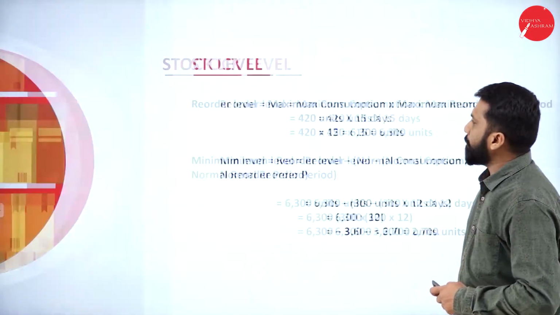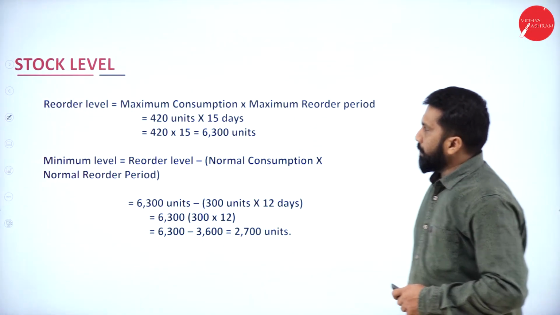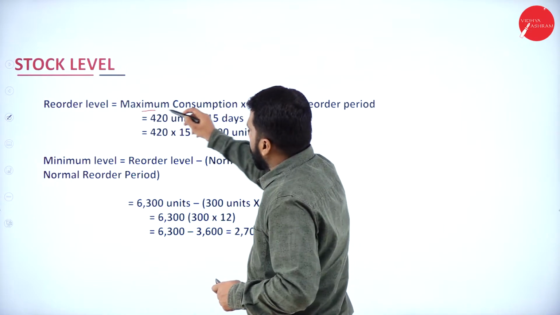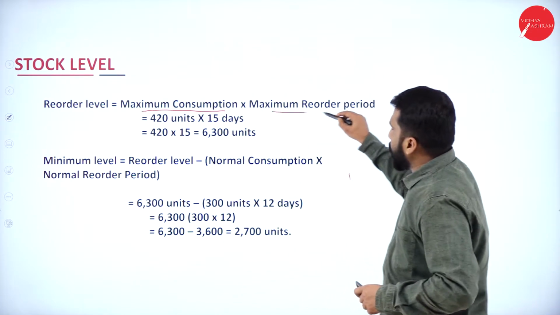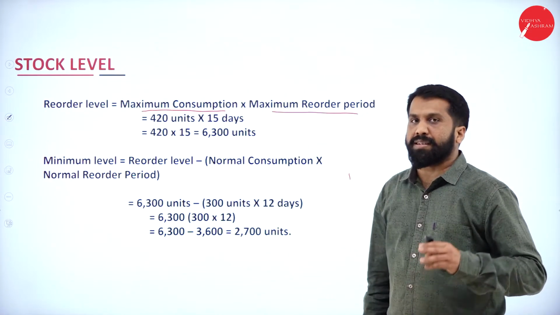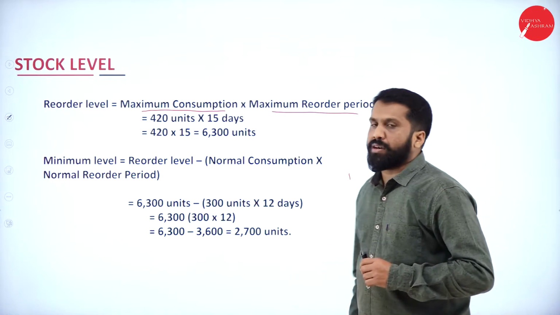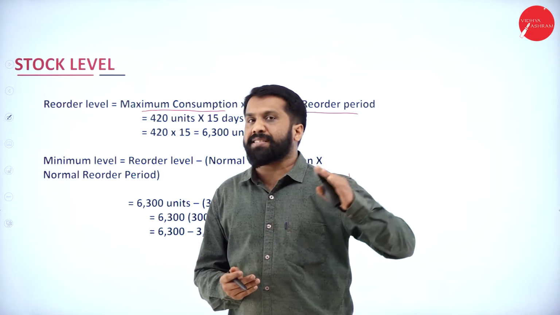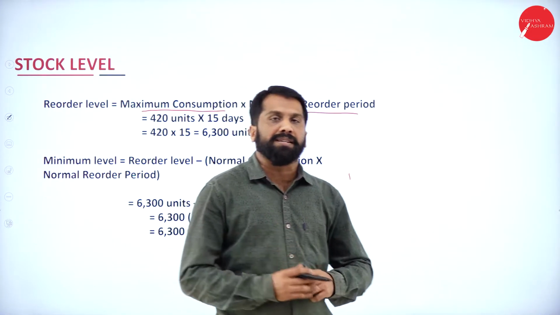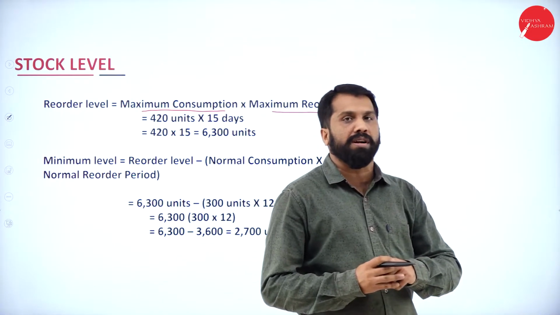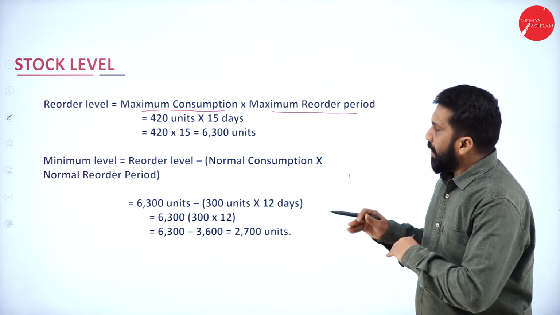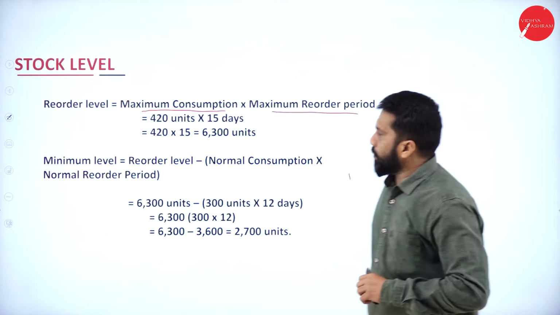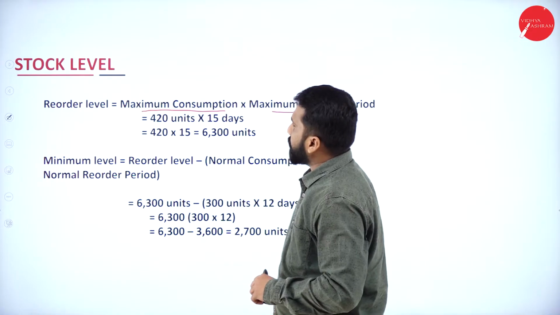We'll go for stock level. Reorder level is equal to maximum consumption into maximum reorder period. Easy to remember. What is the reorder stock level formula? Maximum consumption into maximum reorder period. As per this, what is your maximum consumption?